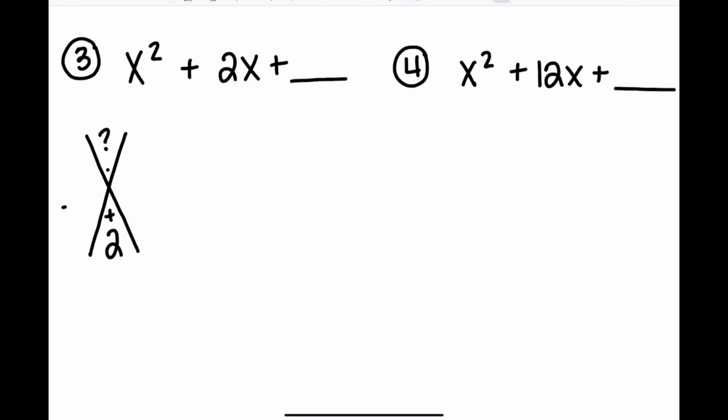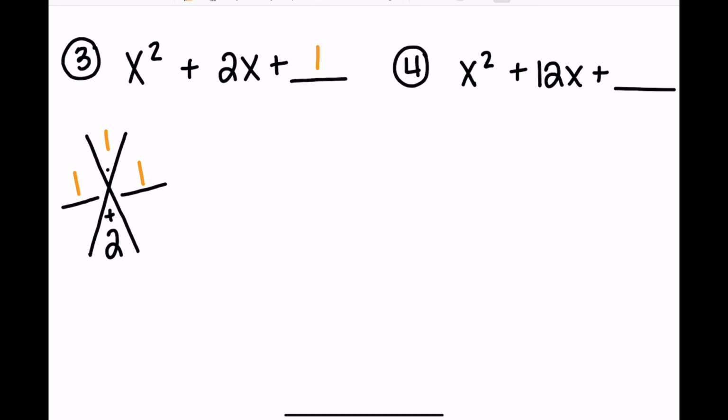So what are two numbers that are the exact same that add to be 2? What number plus itself gives us 2? That would be positive 1, because 1 plus 1 is 2. Now 1 times 1 is 1.